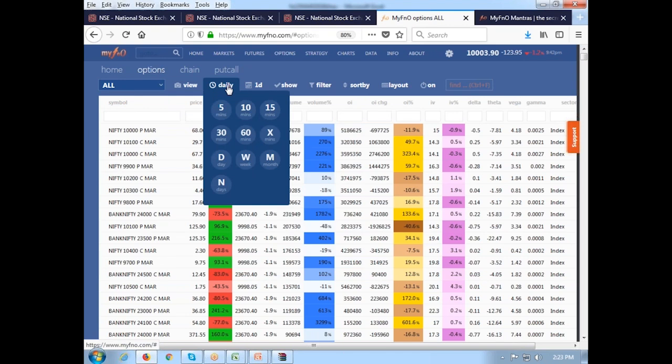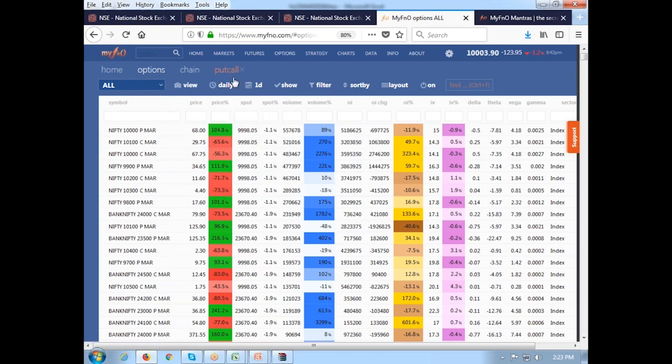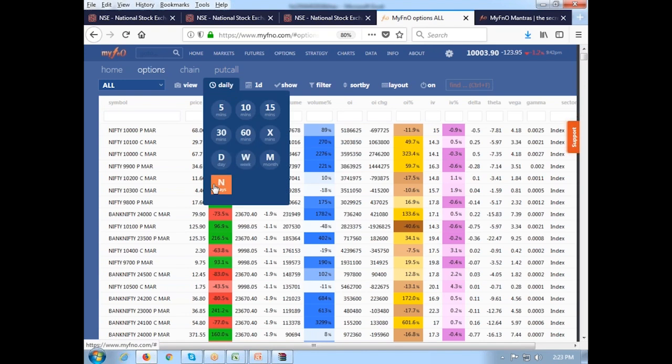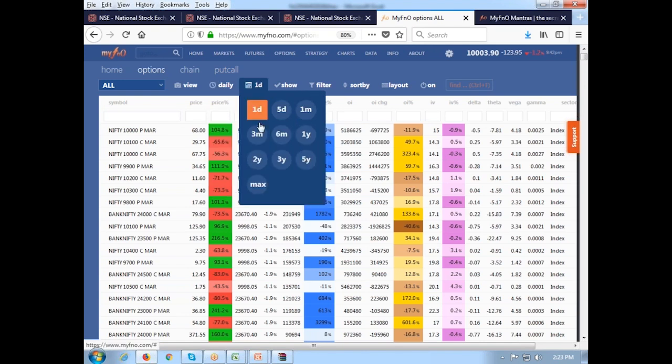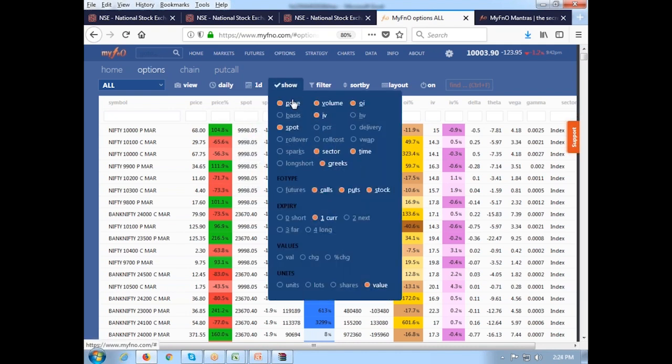The time frame you can see: 5 minutes, 10 minutes, 15 minutes, 30 minutes, X minutes, daily, weekly, monthly, and days. 1 day, 5 day, 1 month, 6 months, 1 year, 3 year, 5 year. Price, volume, OI, basis, which is the difference between spot and future.